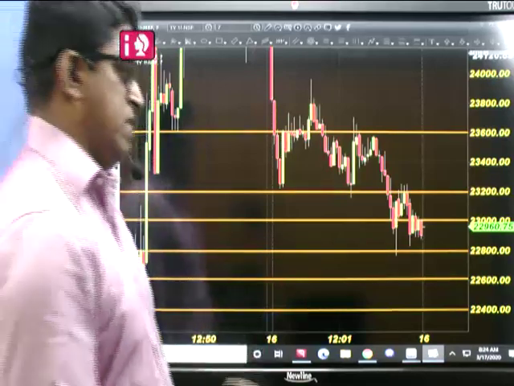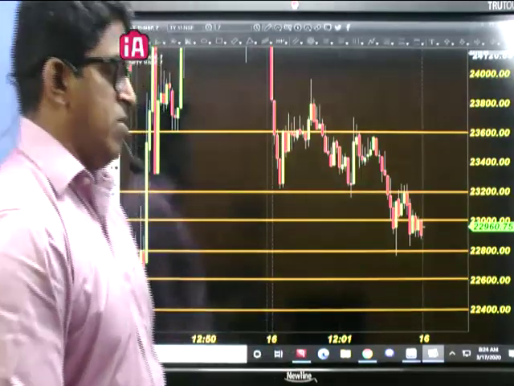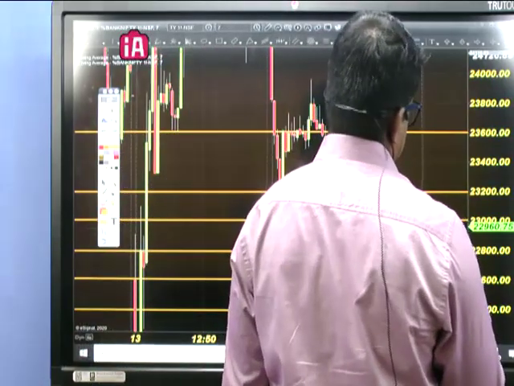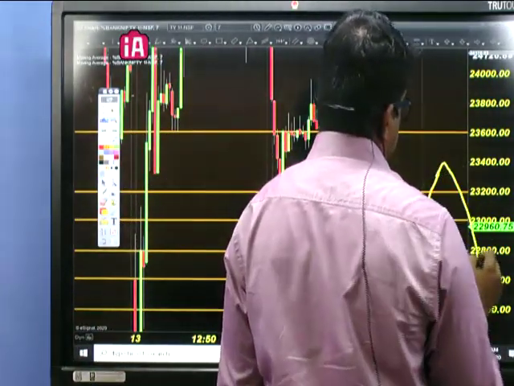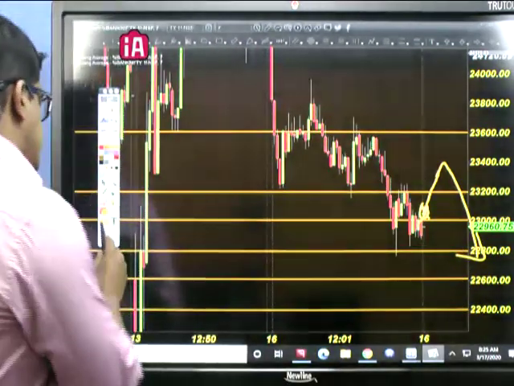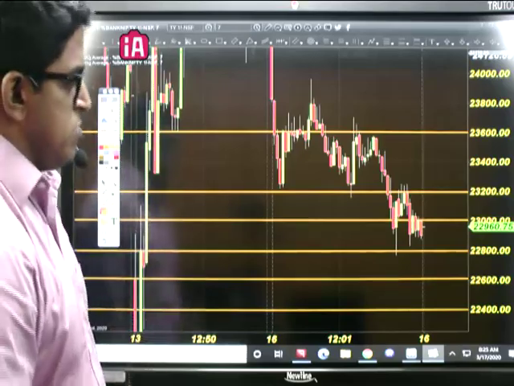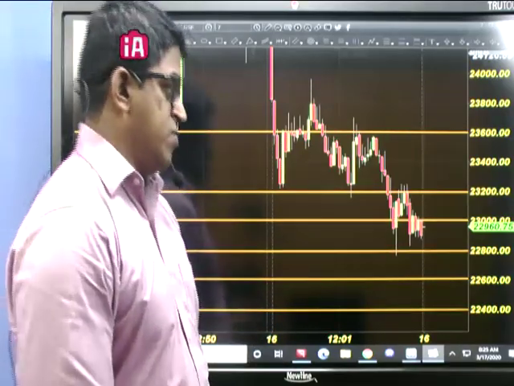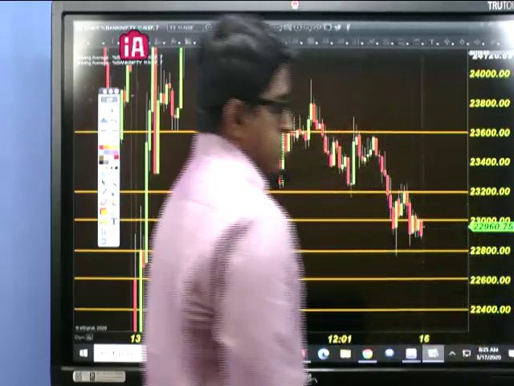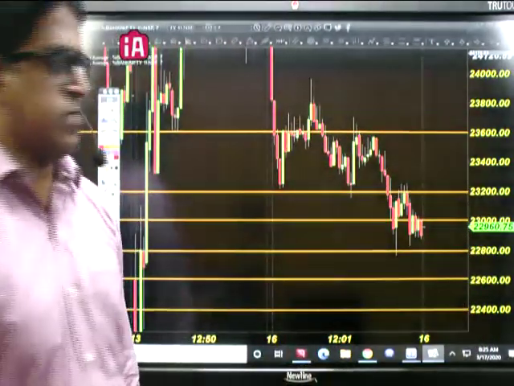Of course you can trade both ways, but we want to stay along with the trend, and we feel that the price will open somewhere here. It can move till here and then drop. We want to stay along with the trend for today also. So in both cases, go for selling if you expect a target of maybe 100-200 points. If there is a drop, book it and exit the market.